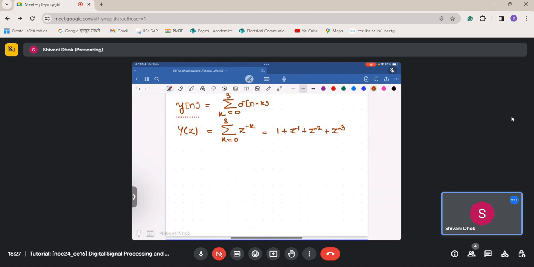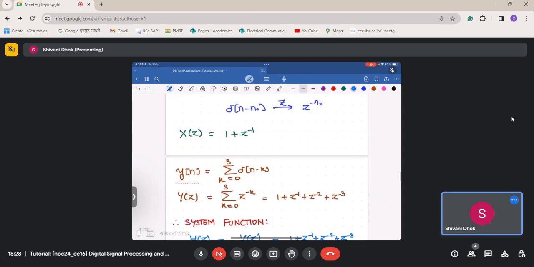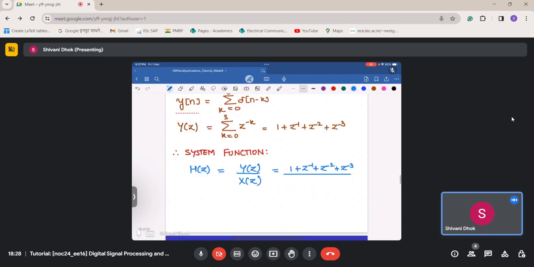Now what is left is to find the system function. The system function h of z is equal to y of z upon x of z, where y of z is 1 plus z inverse plus z to the power minus 2 plus z to the power minus 3, and x of z is 1 plus z inverse.